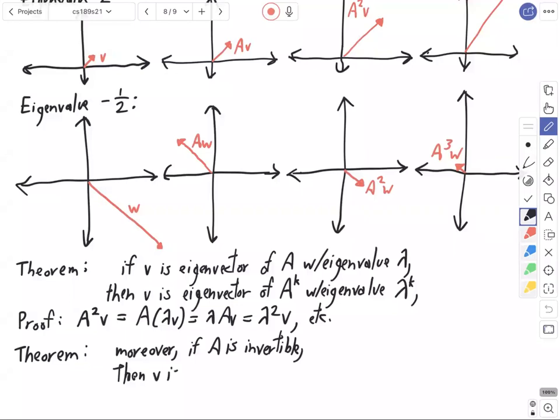In that case, V is also an eigenvector of A inverse. And what is the eigenvalue associated with that eigenvector for A inverse? Well, it's lambda inverse.